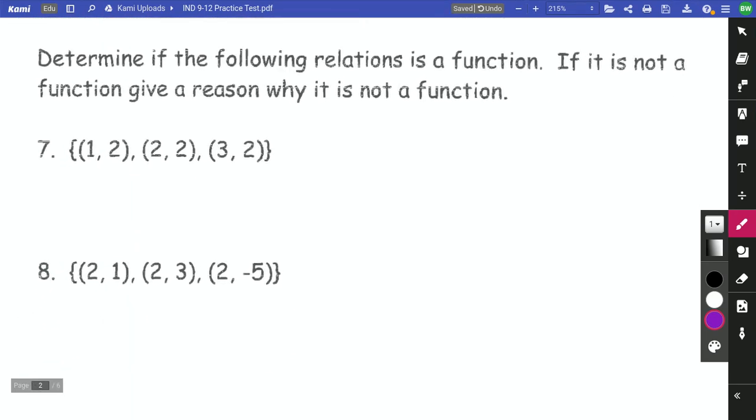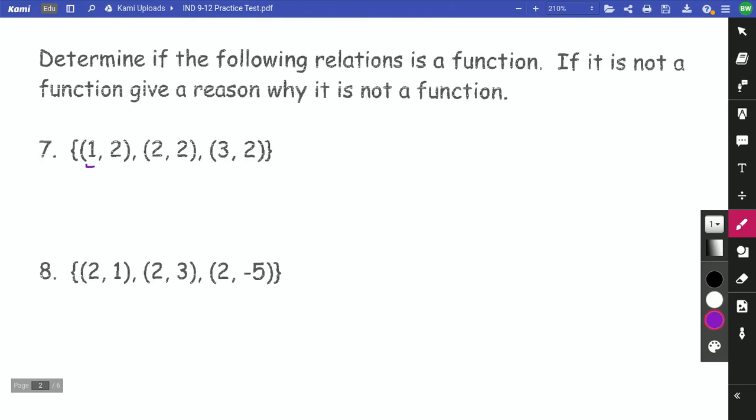Number 7, determine if the following relation is a function. If it is not, give the reason why it's not. So all you're looking for is, are there any repeated x values? So this first one does not have any repeats, so it is a function. We'll just say yes. Or you can say, yes, it is a function, or you can just write the word function, however you want to do it.